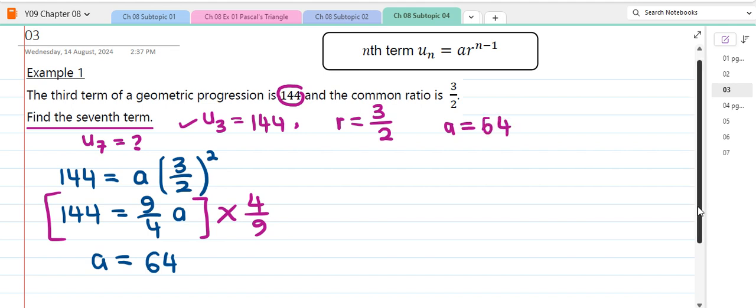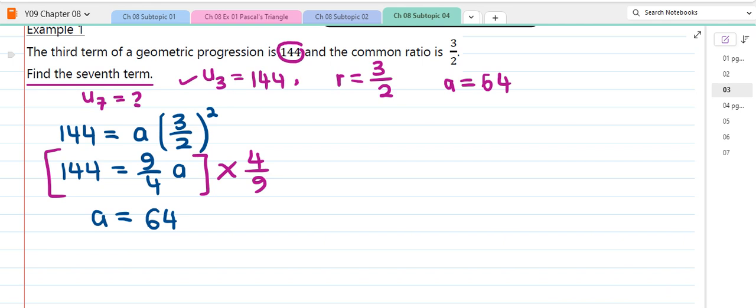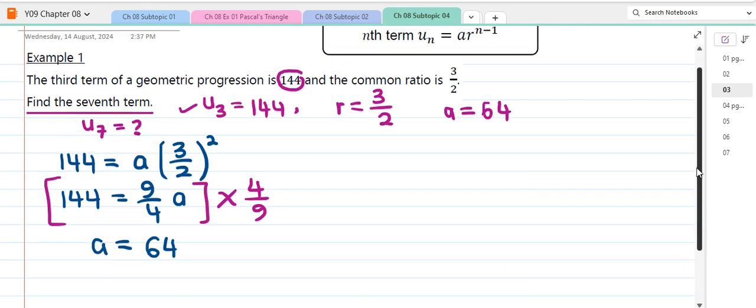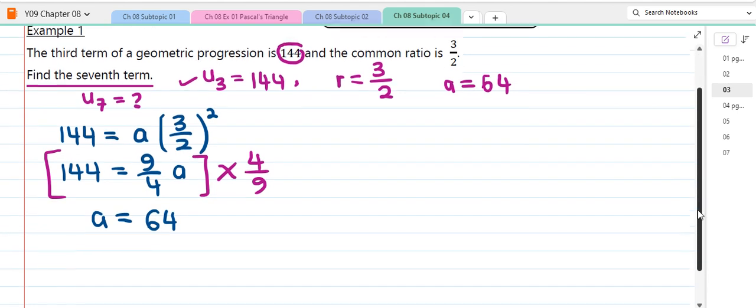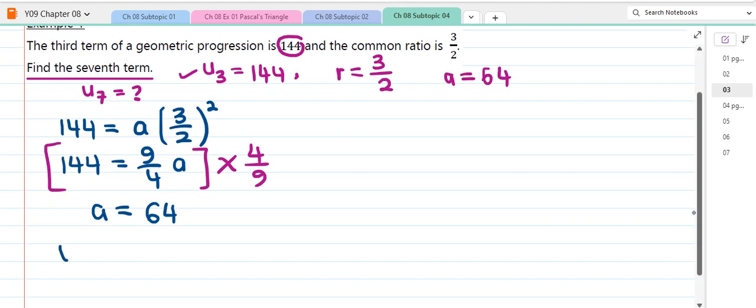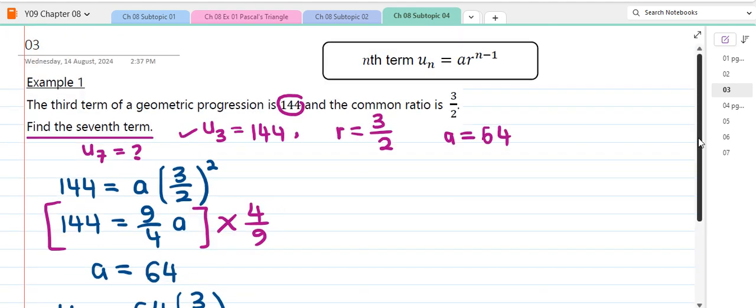So let's focus on looking for the seventh term. We'll use this formula also: Un equals ar to the power of n minus 1. So let's begin. Un, your n is 7, equals 64 times the common ratio, which is 3 over 2, to the power of n minus 1.